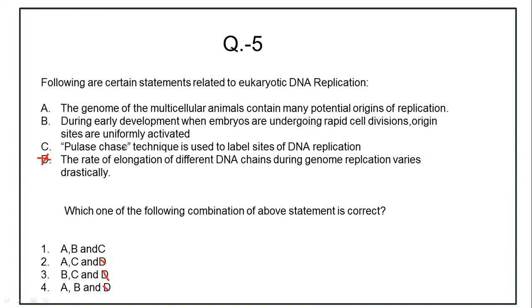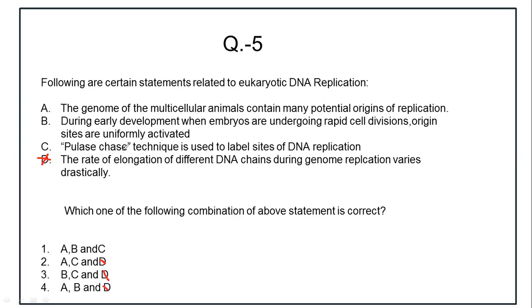You know the pulse chase experimental technique. The pulse chase technique is used to label the DNA replication. During the pulse phase, a radioactive element is used, and during the chase phase there is a shift to unlabeled, non-tagged compounds.